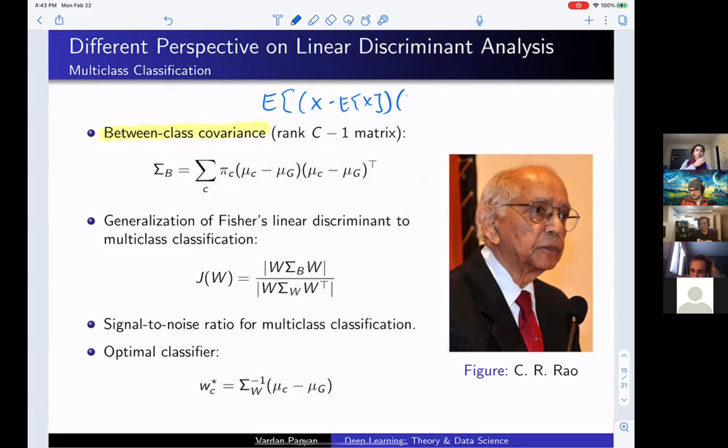Does this look familiar to you, this equation? This is a covariance of x in probability. But we're focusing on empirical samples.